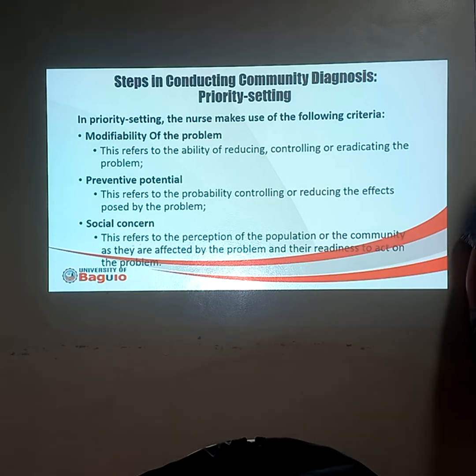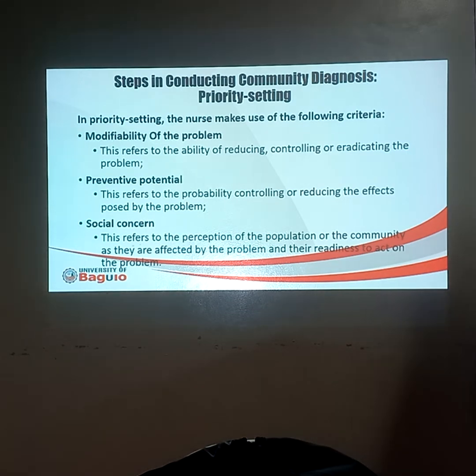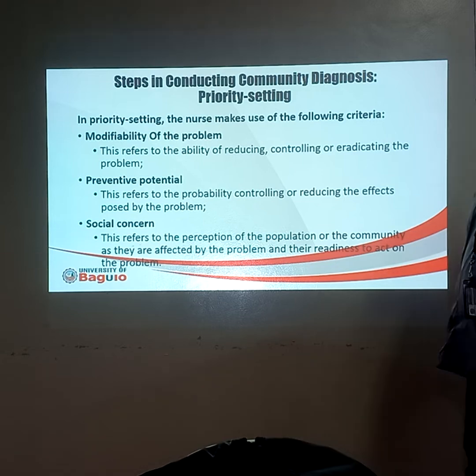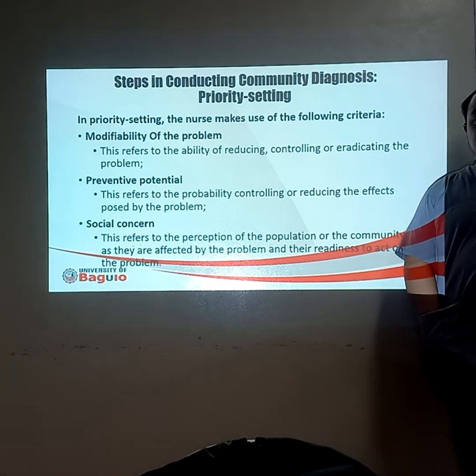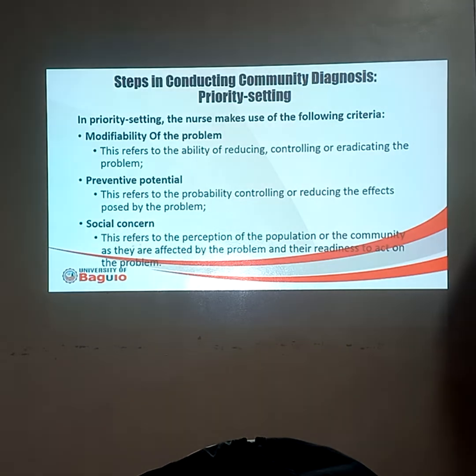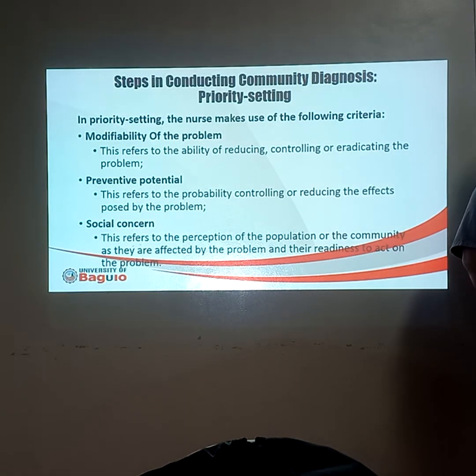And the next one is your preventive potential. Preventive potential refers now to the probability of controlling or reducing the effects posed by the problem. So preventive potential, tignan natin yung severity, is the condition already affecting the majority of the population. Kasi kung more than 50% na affected, medyo mas mahirap na i-prevent.